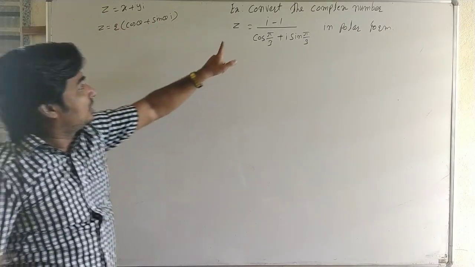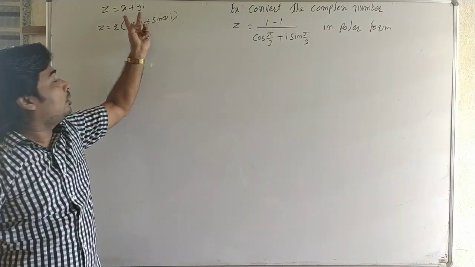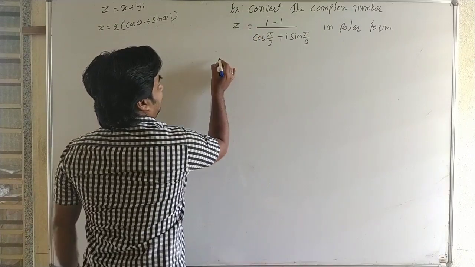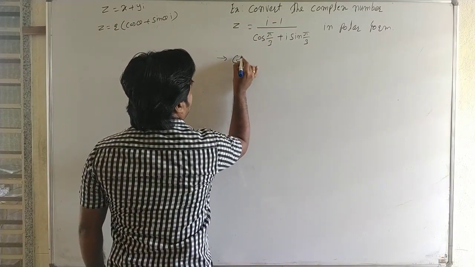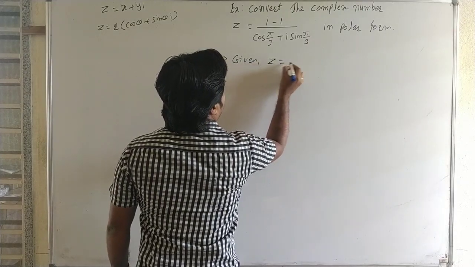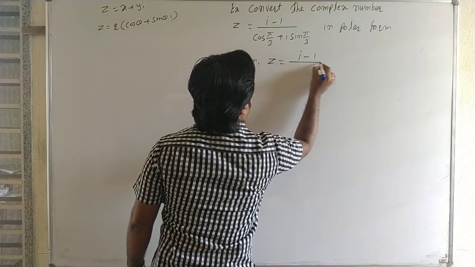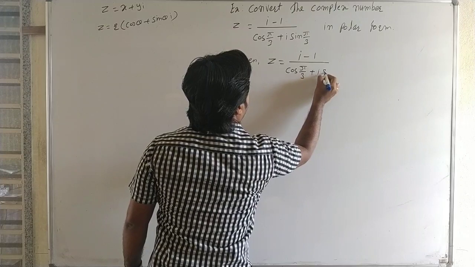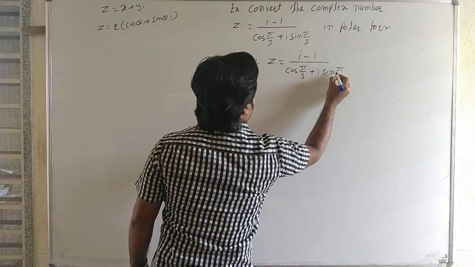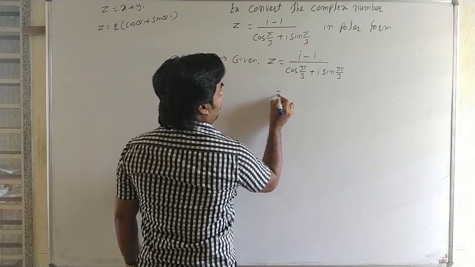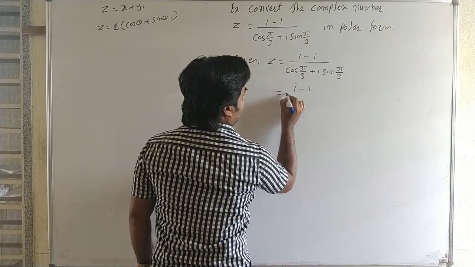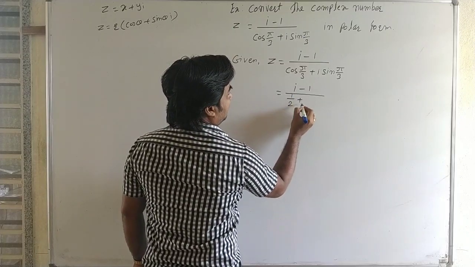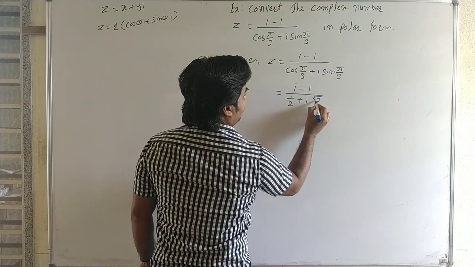But first, this complex number must be written in the form x plus yi. Therefore first find this division. Given z is equal to i minus 1 upon cos pi by 3 plus i sin pi by 3. Here we know the value of cos pi by 3 is 1 by 2, and sin pi by 3 is root 3 by 2.